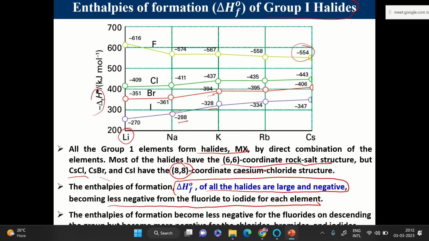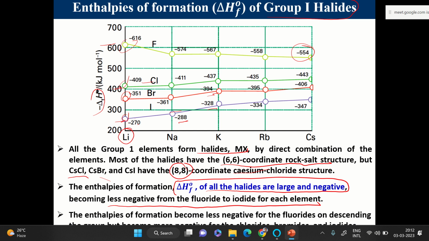Suppose we take lithium, and lithium combines with iodide, bromide, chloride, fluoride. So fluoride has minus 600, and this gradually decreases: minus 400 for chloride, minus 351 for bromide, and minus 270 for lithium iodide.